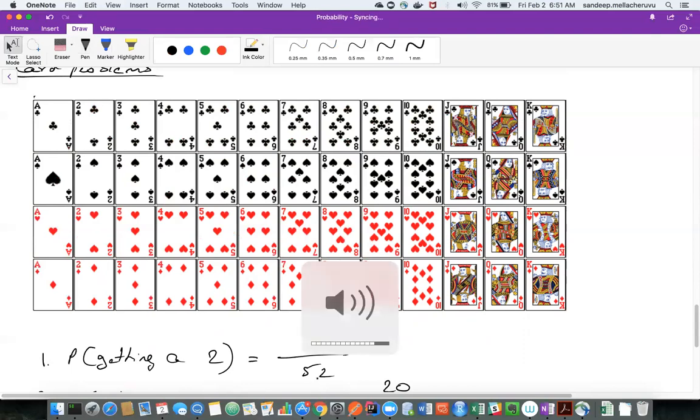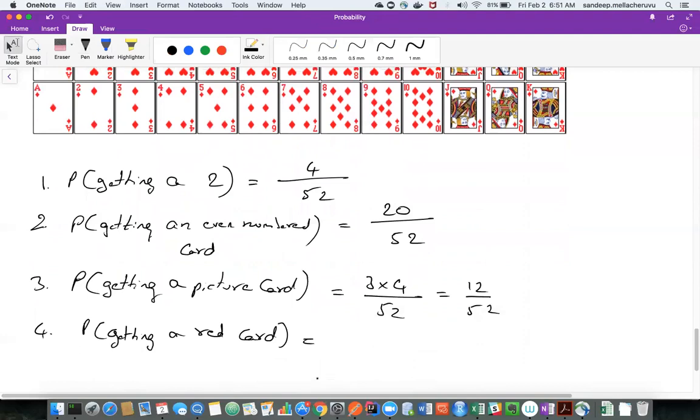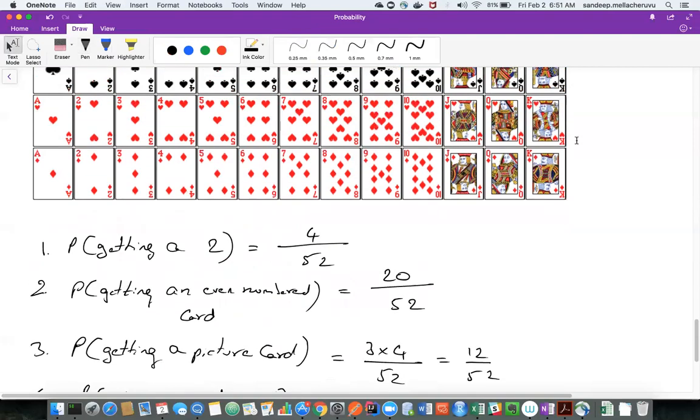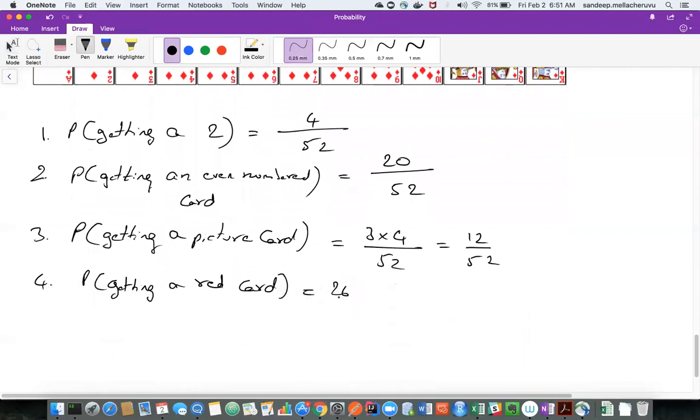So how many red cards are there? Oh, 26 cards. 26 by 52. Yeah, 26. Every row has 13, mind you. You have 13 cards and two such rows, so it is 26. 26 by 52. That's right.